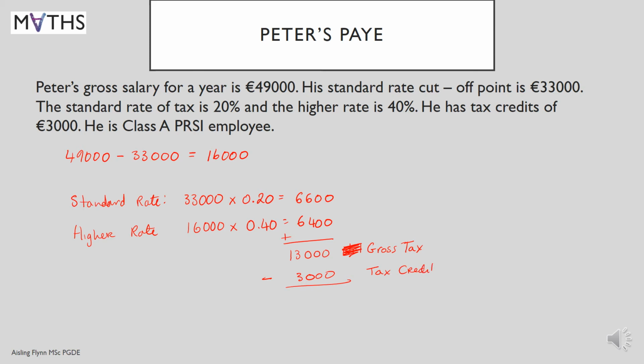That's an allowance that he does not have to pay. And so he does have to pay €10,000. That's his tax payable, his PAYE bill for the year, €10,000. Pause that and review if you need to.